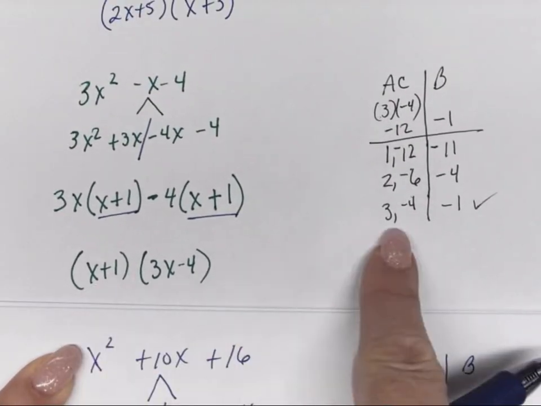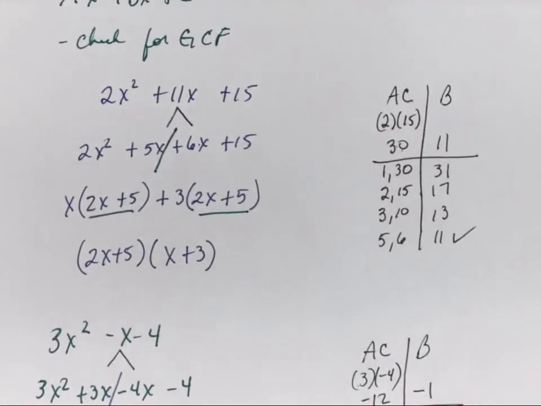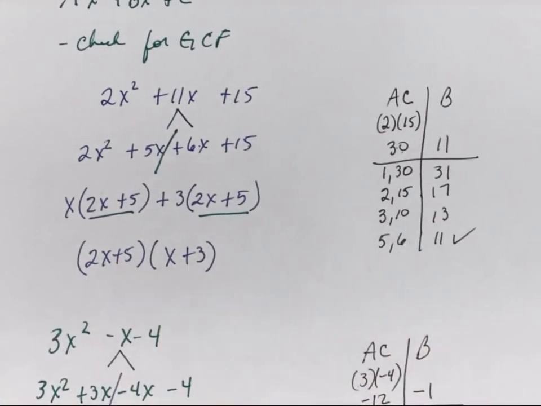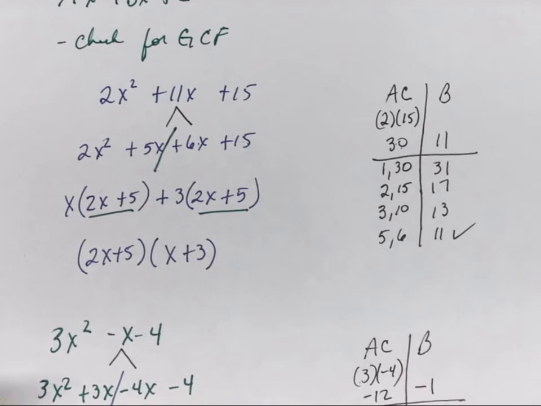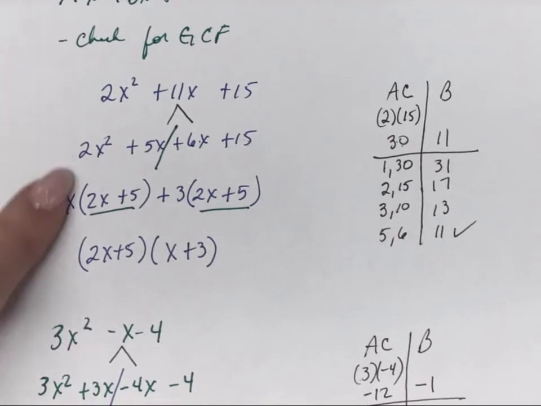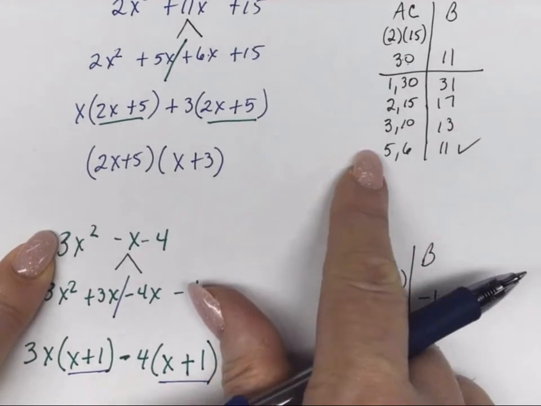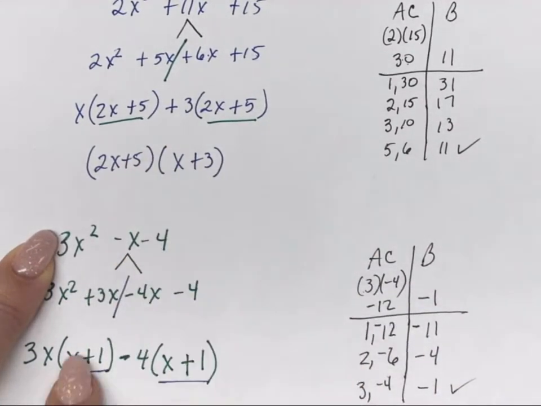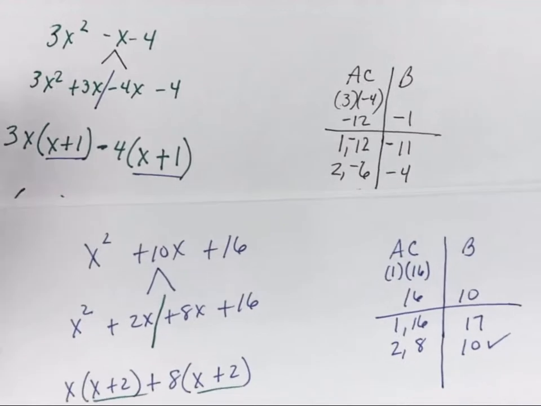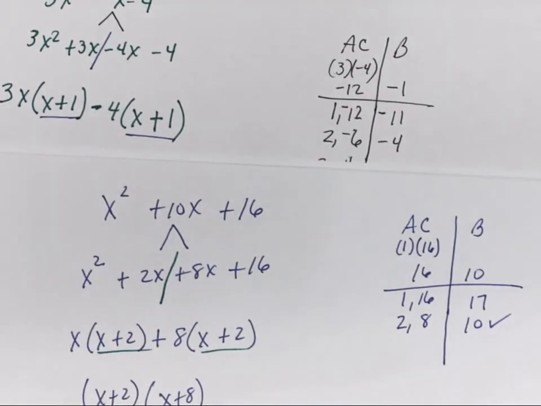Notice on the previous ones, we did not get the same numbers that we found. Because here they have something other than a 1 up front. We started with a 2 here and a 3 here. So these numbers will not work straight in. It only happens when you have a 1 in the front of it. So you could go straight to the term.